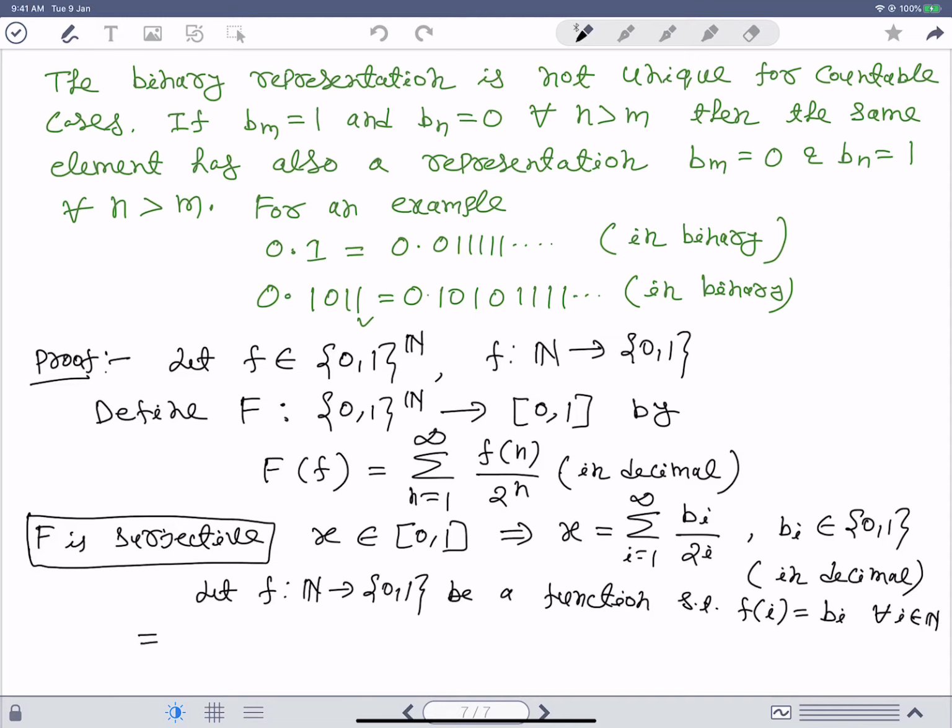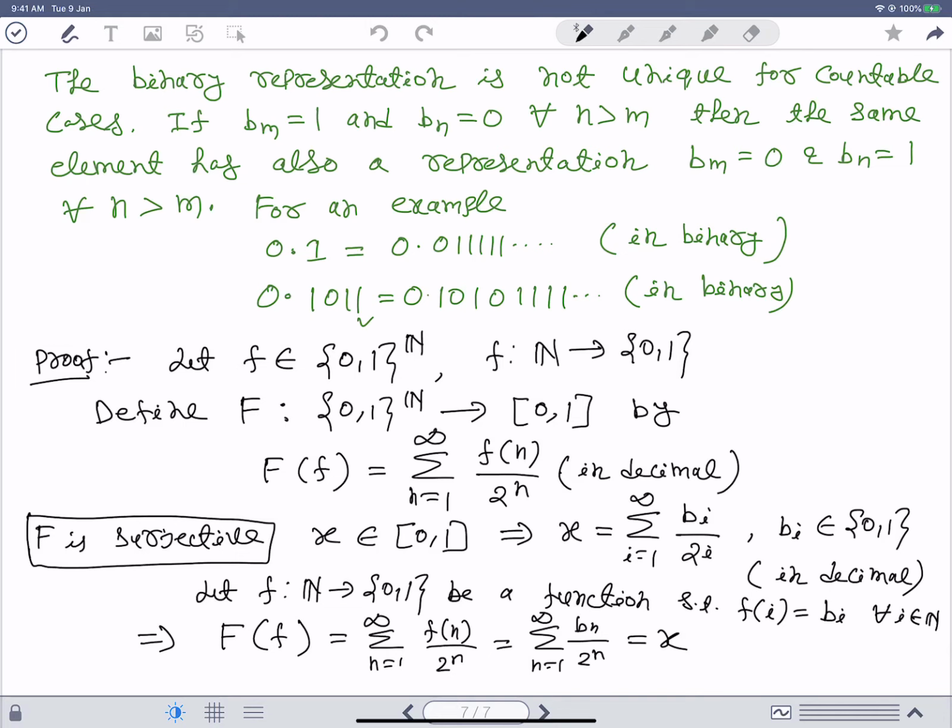That implies capital F of small f will be my x, which is the same as the summation of b_n by 2 to the power n. This is my x, right? So therefore F is surjective.